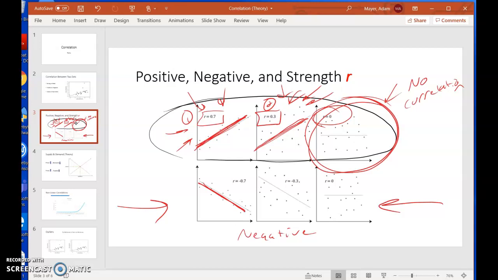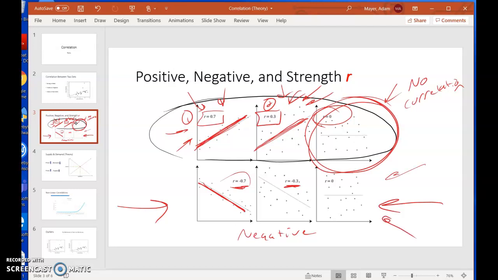So the closer R is to -1 for a negative linear correlation, the stronger the negative linear correlation is than if R were -0.3, because -0.7 is closer to -1 than -0.3.